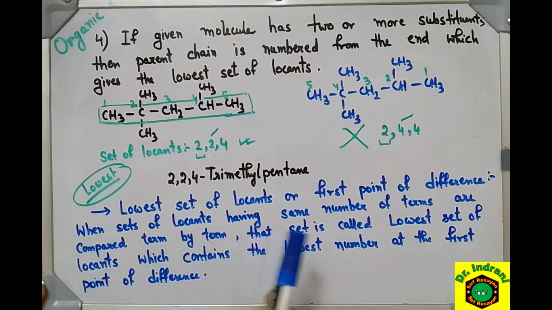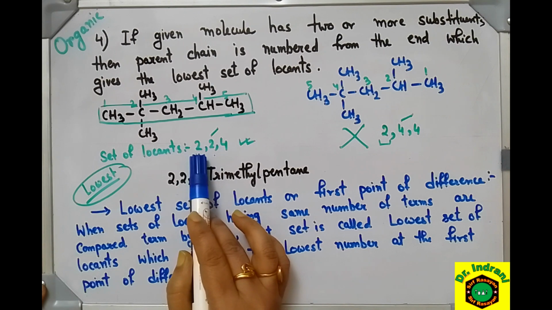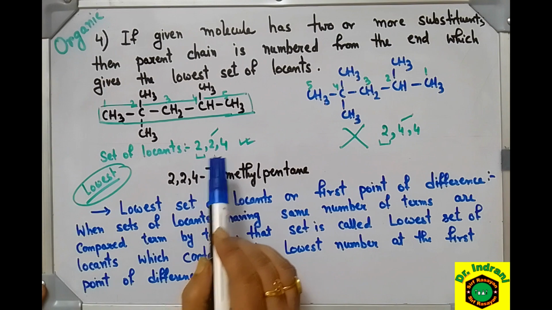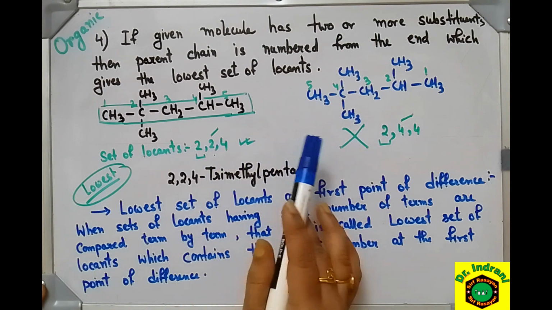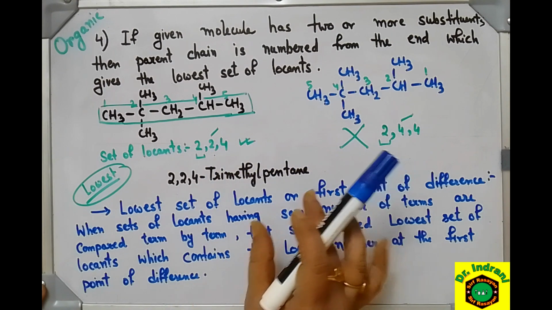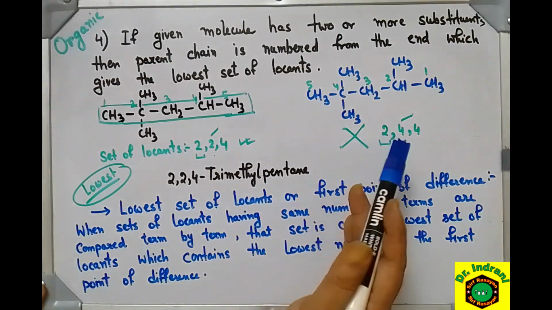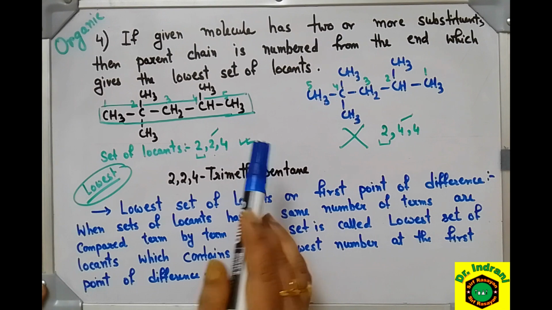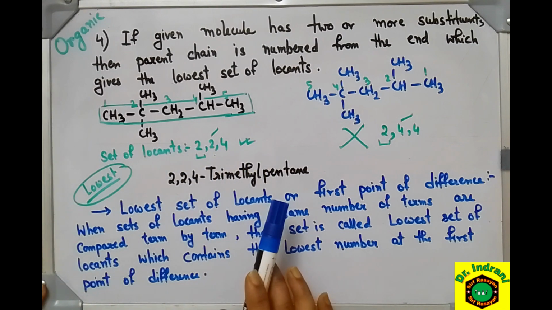That set is called lowest set of locants which contains the lowest number at the first point of difference. So first term of this and first term of this, if same, go to the next term. In the next term, try to find out if any difference is there. Actually, where difference is there, compare between the two terms. Which is lowest? That will be lowest set of locants.